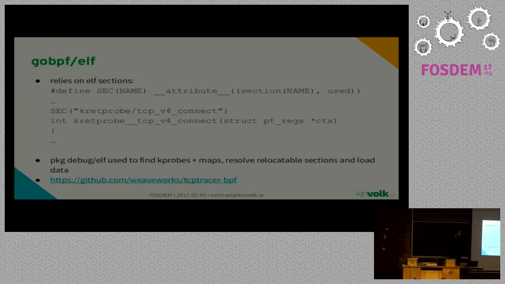This feature relies on ELF sections. So in Linux ELF files, you have sections. And by setting particular section names, so here, for example, kretprobe for a return probe, we allow gobpf to detect from the ELF file how the contents should be loaded.